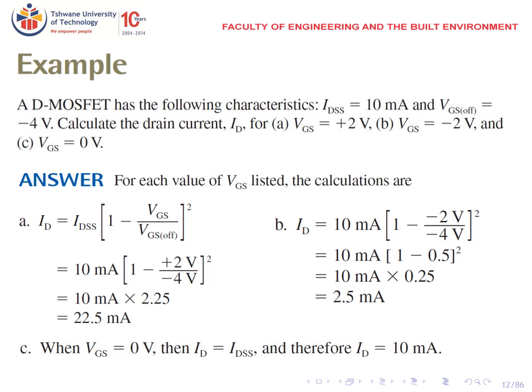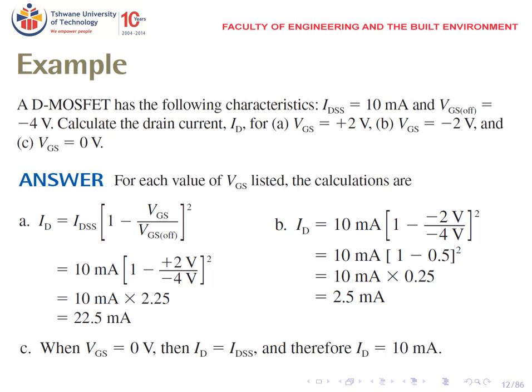For B, when VGS is equal to -2, we get 2.5 milliamperes. When VGS is equal to 0, then ID would be equal to IDSS, which is 10 milliamperes. So if you notice on A, the value is higher than 10 because we used a positive VGS.